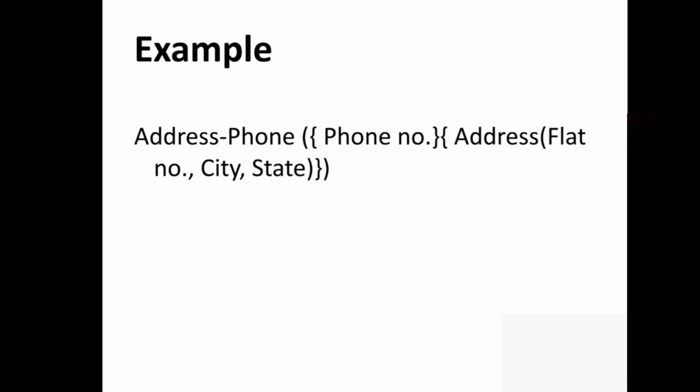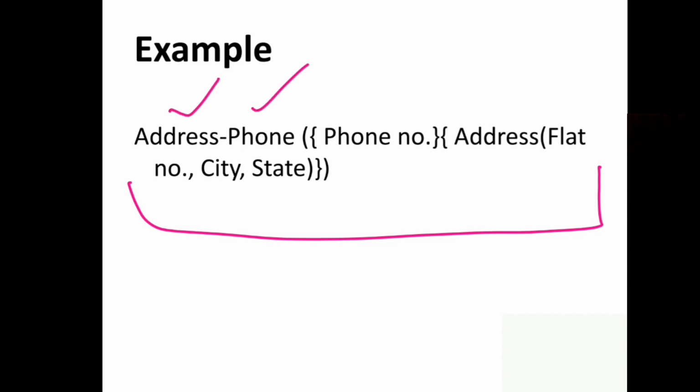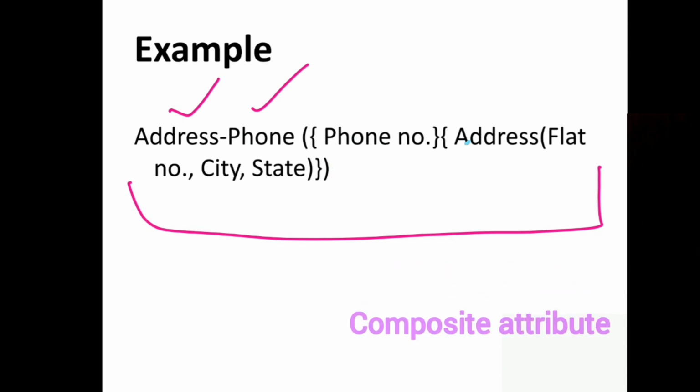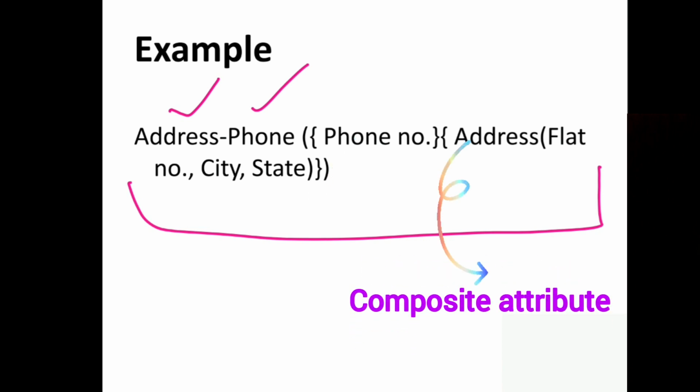For example, this is a complex attribute in which we have combined phone number and address, where phone number may be a multivalued attribute, that is, it can have multiple values at the same time, and address is composite because it can further be divided into subparts, that is flat number, city, state, right?